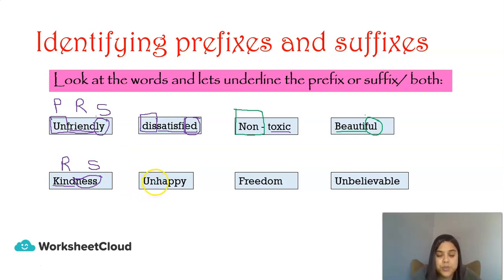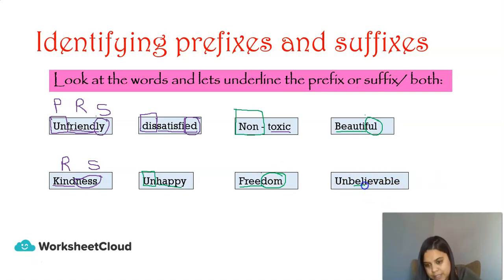Unhappy, this one is also quite easy because my prefix is right in front of me, which is un. Freedom, free is my root word, okay, and dom is my suffix. So it changes the meaning of the word. Unbelievable.